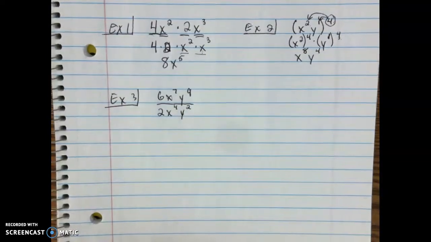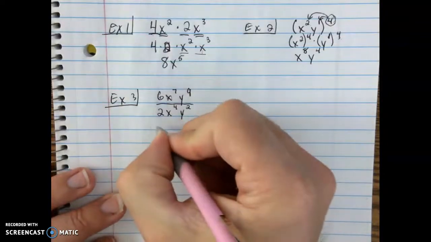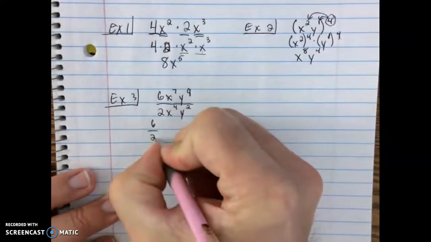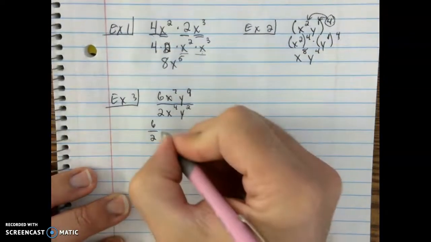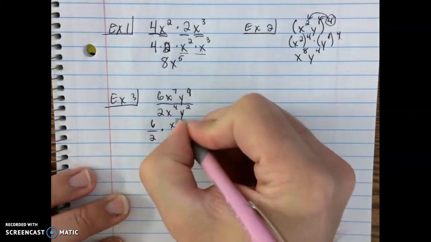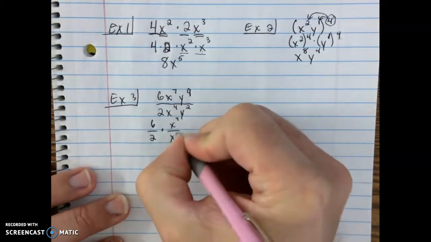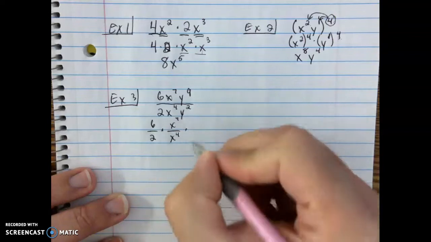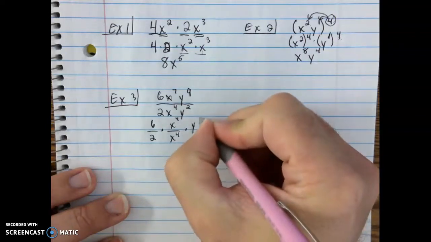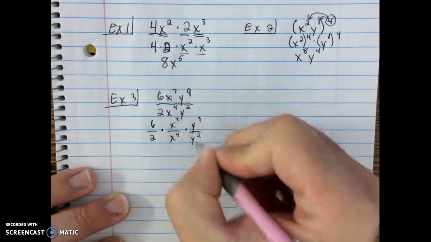And so we actually can go ahead and break this down into 3 separate fractions. So we could have 6 over 2, times x to the 7th over x to the 4th, multiplied by y to the 9th over y squared.